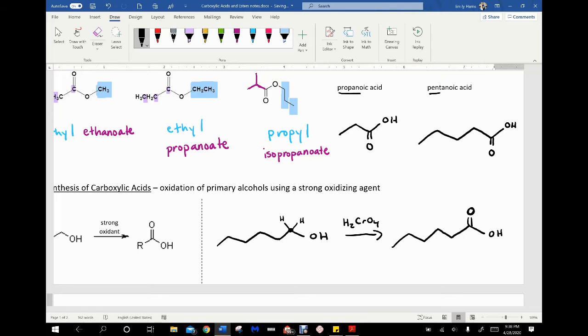So we have oxygen double bonded on top, and then we've got the OH group as well. All right. So now what we can do is let's go on and take a look at how we can make some esters.